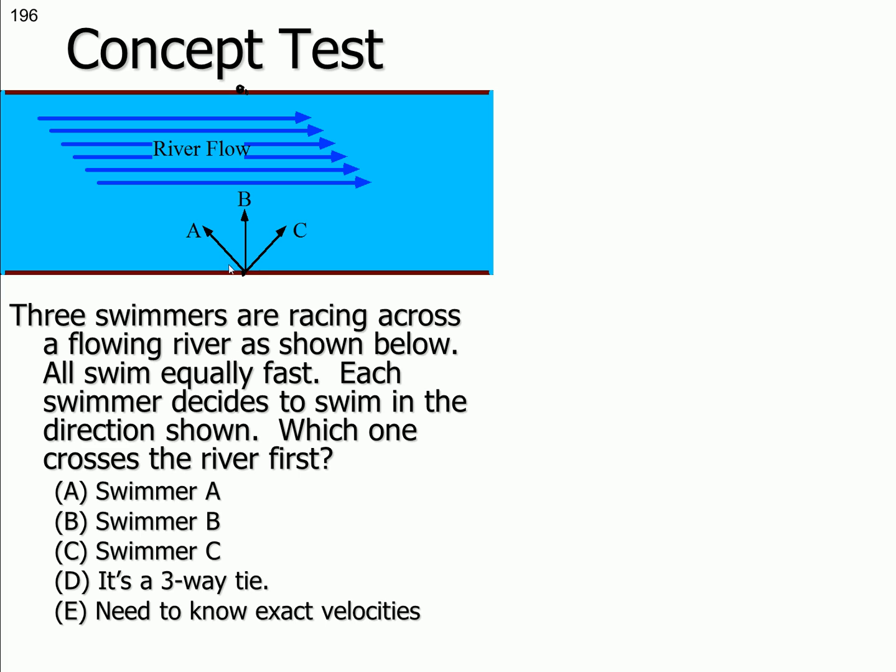Swimmer A is going to swim against the flow of the river, which is moving horizontally. B is just going to go straight across, and doesn't care about this. And swimmer C is going to try to go with the flow, take advantage of the flow, and hopefully get to the other side faster.